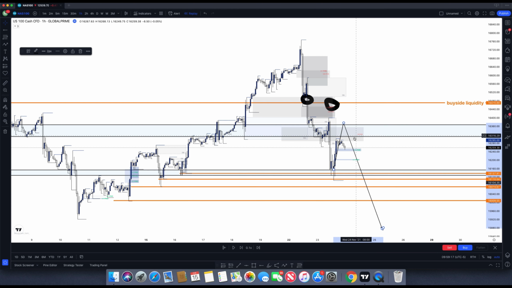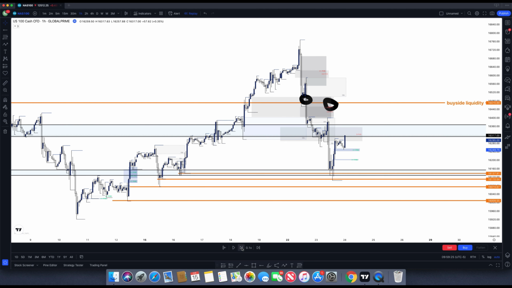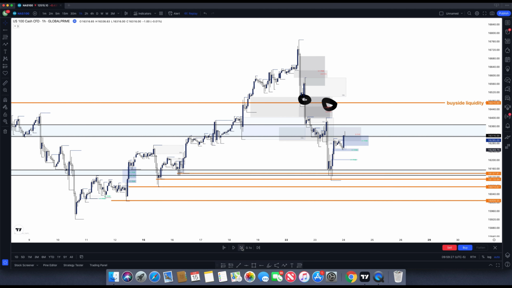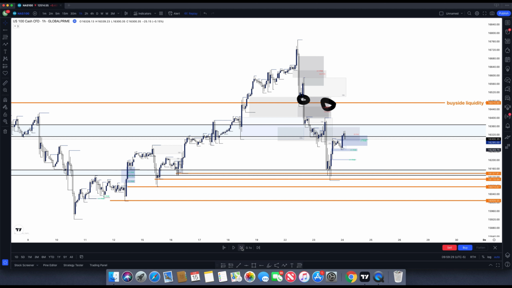So this is where patience comes in. I see a bullish order block and a bullish fair value gap, but the market can reject from this daily supply zone back towards sell-side liquidity.